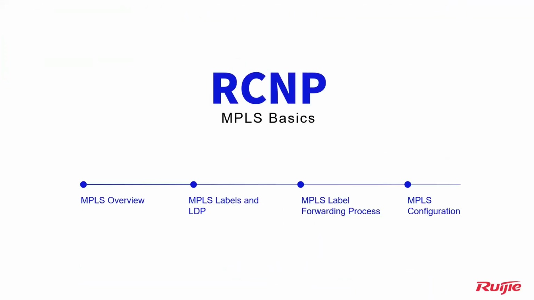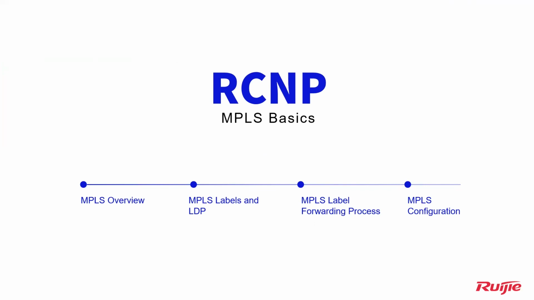In this course, we will have 4 topics. The first is the MPLS overview. The key point in MPLS is the label: what is a label and how to get the label. The typical protocol to distribute labels is LDP.